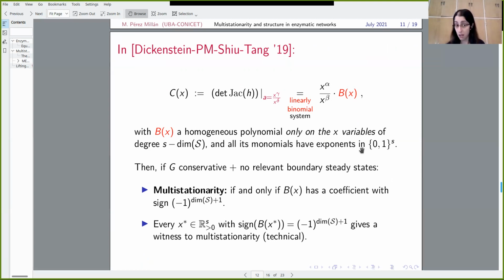And we have a result in that work where we say that you have multistationarity if and only if this polynomial has a coefficient with a certain sign, which is -1 to the dimension of the stoichiometric subspace plus 1. So we just have to inspect the polynomial and check if it has one term with that sign, and that's enough. And when you get X star such that you evaluate that polynomial in X star and it has this multistationarity sign, then you can build a witness to multistationarity, although it's quite technical, but you can.